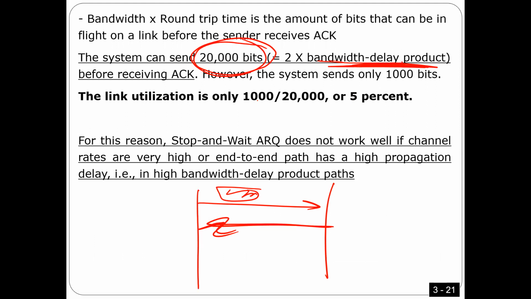That means I only transmit 1,000 bits, while the channel allows me up to 20,000 bits before I receive acknowledgement. You got what I'm saying? Because I'm transmitting only one frame, which is 1,000 bits, I'm just using 1,000 out of 20,000 bits, which is only 5%.